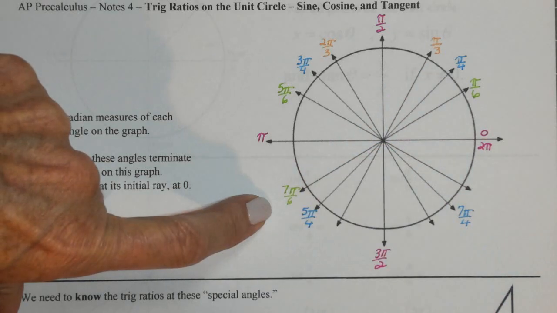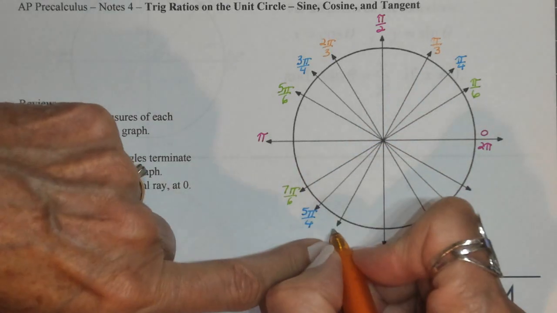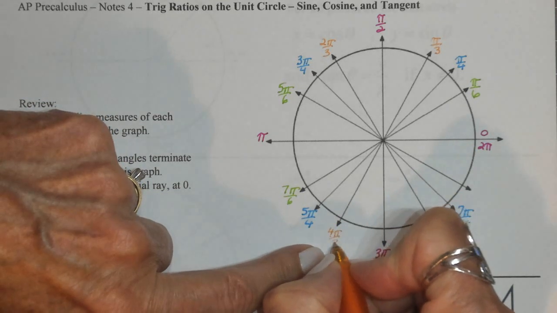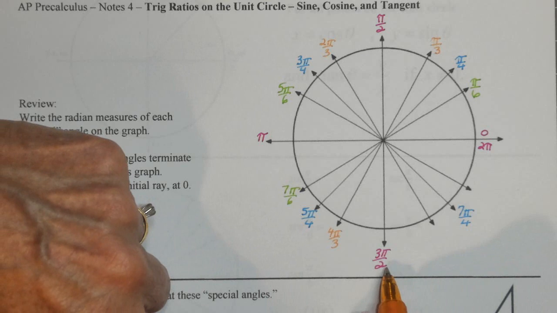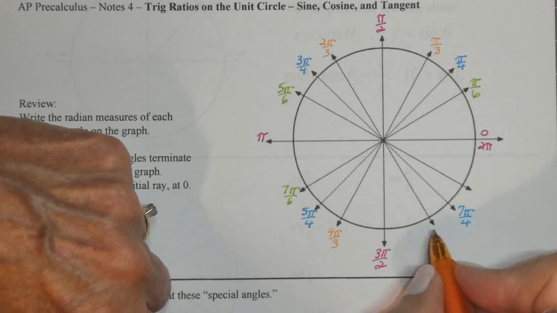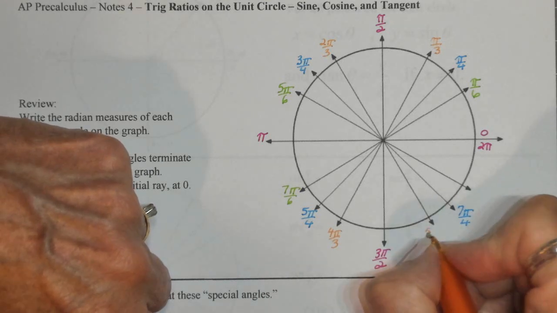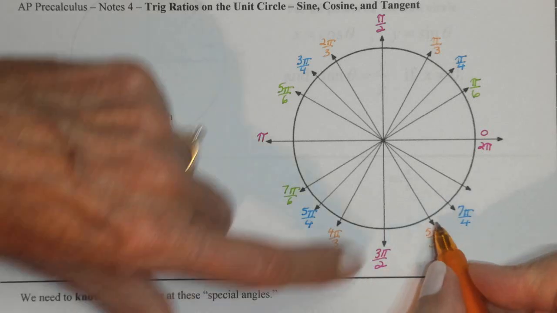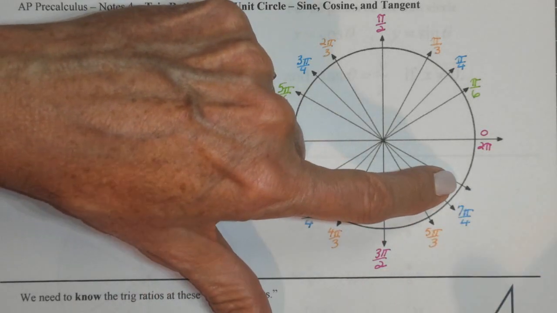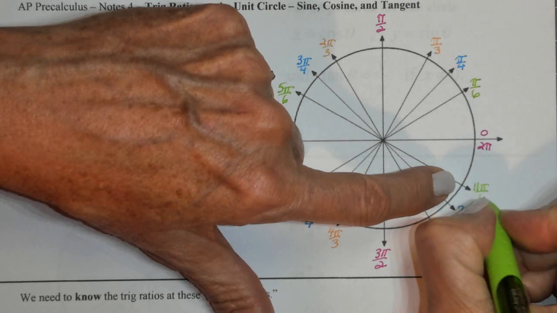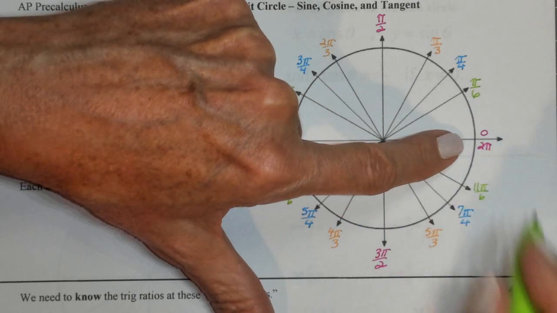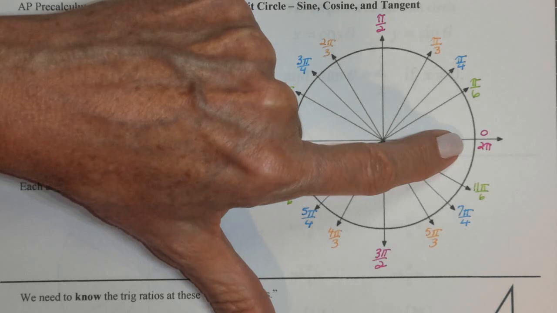And then 8 pi over 6, which is 4 pi over 3. Then 9 pi over 6, which is 3 pi over 2. Then 10 pi over 6, which is 5 pi over 3. And the next pi over 6 would be 11 pi over 6. If we go one more, we'll be at 12 pi over 6, which is 2 pi.